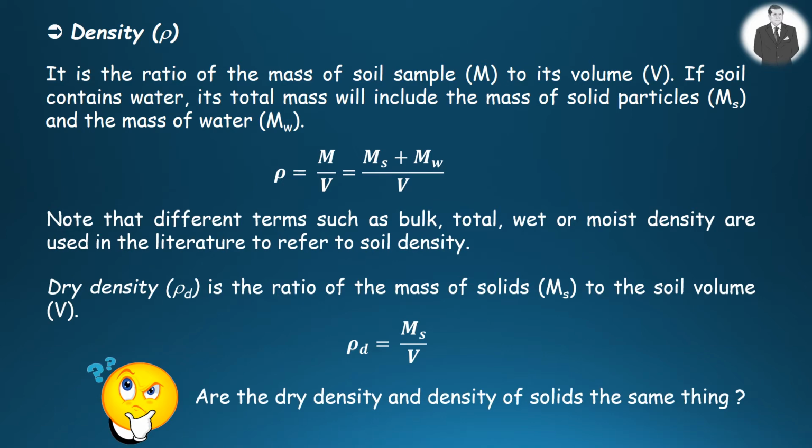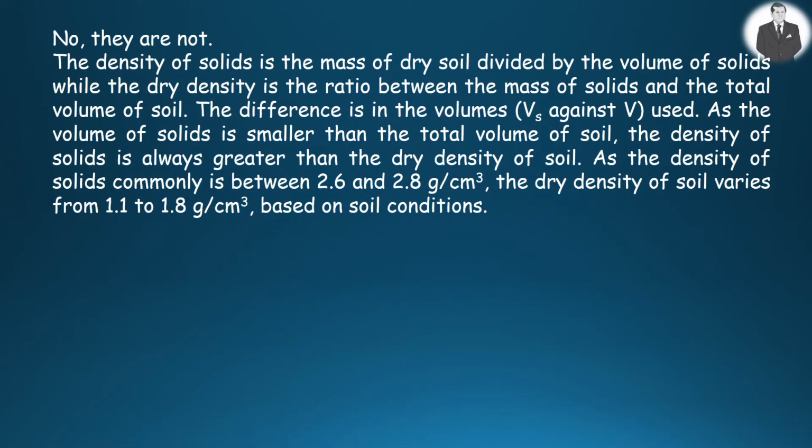The question is, are the dry density and density of solids the same thing? No, they are not. The density of solids is the mass of dry soil divided by the volume of solids. On the other hand, the dry density is the ratio between the mass of solids and the total volume of soil. The difference, as you notice, is in the volumes used.